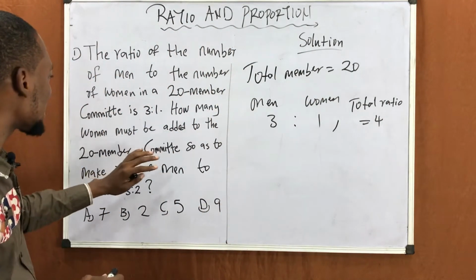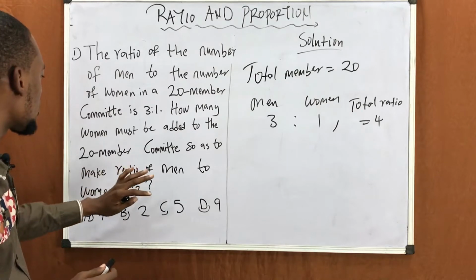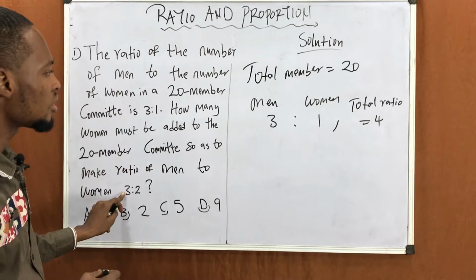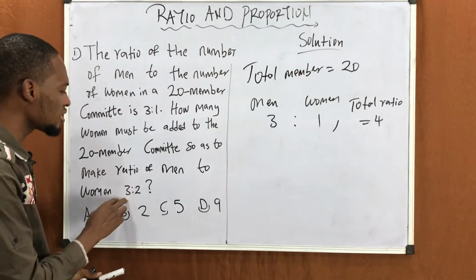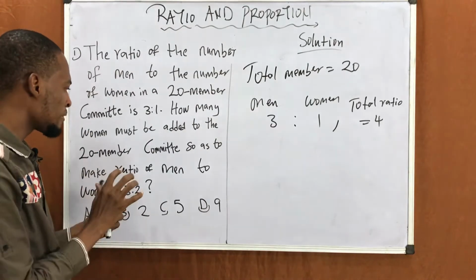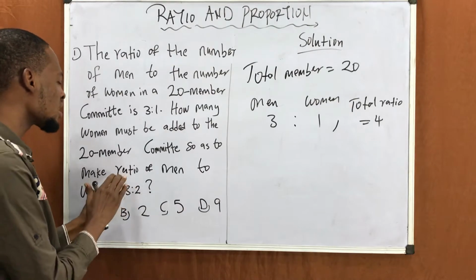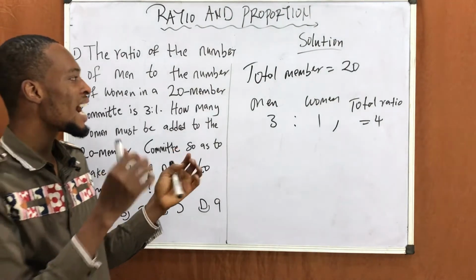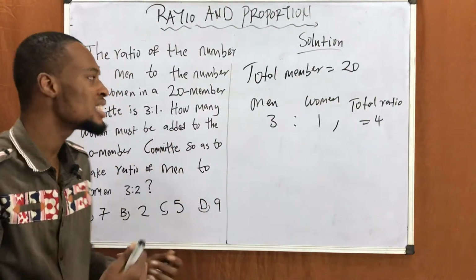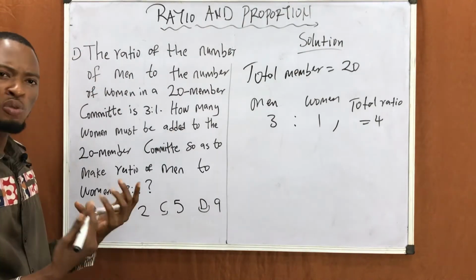Okay, let's see if we can deduce another thing. How many women must be added to the 20-member committee to make the ratio this? So the new ratio we want is 3:2. But before we know how many women to add to get 3:2, how many women are already in the current committee? How do we get that?